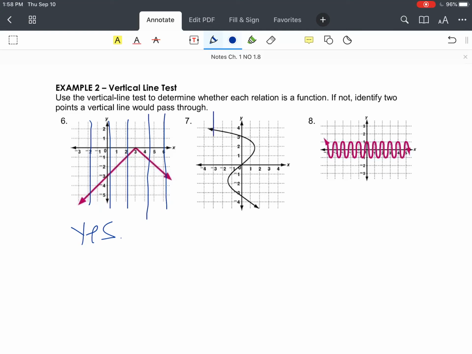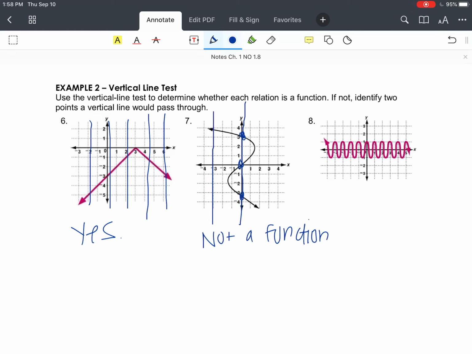Number 7, you can draw it some places, like way off to the left through -3, and I'm only hitting one spot. But if I draw it in other locations, like right through here, when x is 0, I actually hit the graph at 3 separate spots. So this will not be a function.